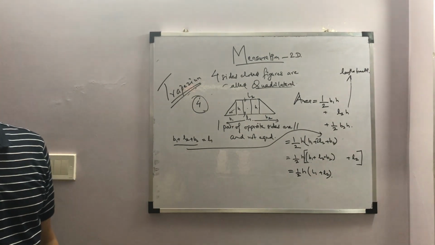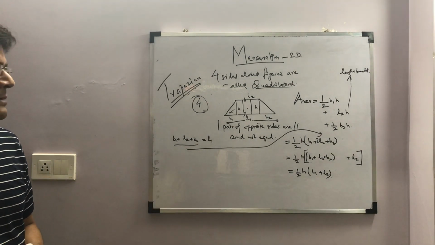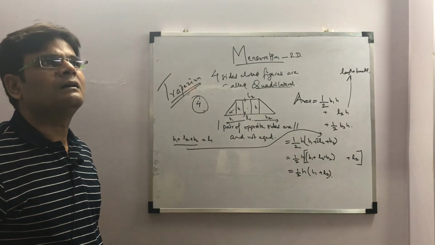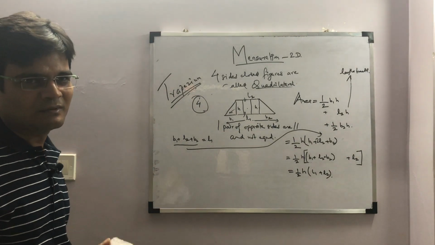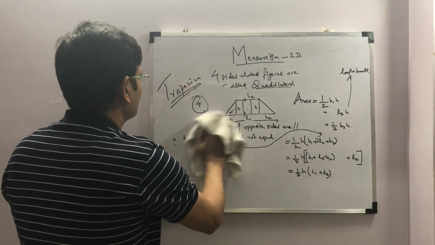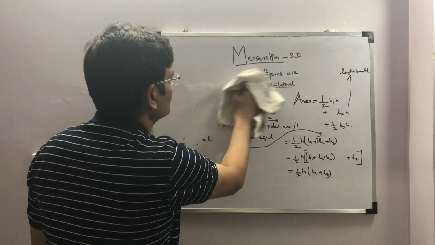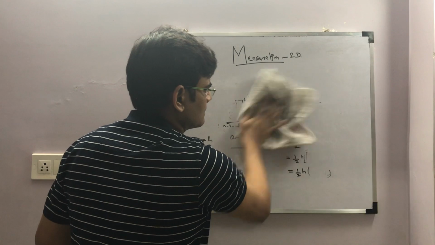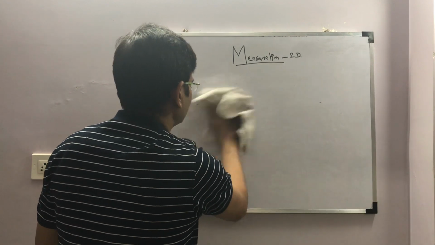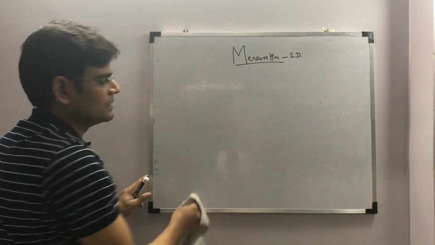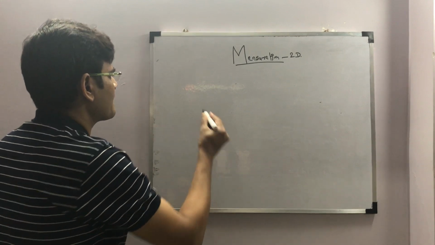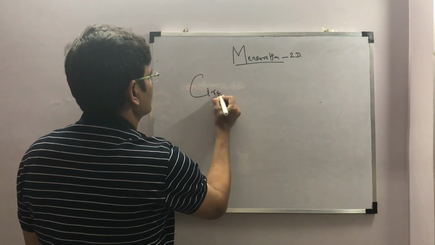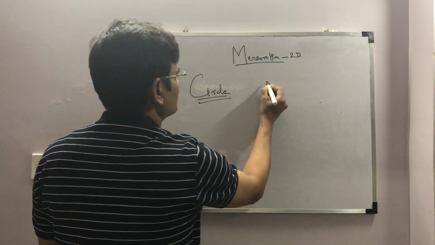Apart from quadrilaterals, I'll cover another shape, circles. Let me cover that too, because then that will cover everything about 2D. Derivation I won't go into. I'll simply mention some definitions.